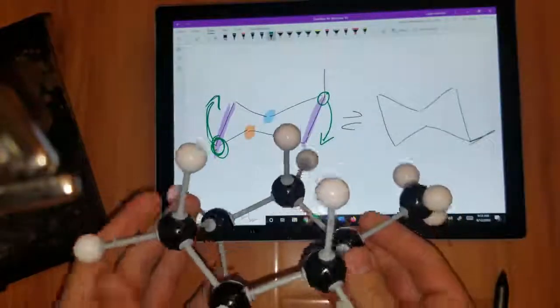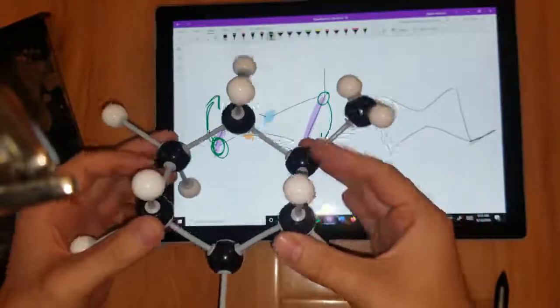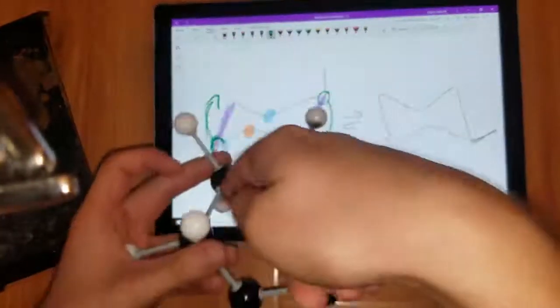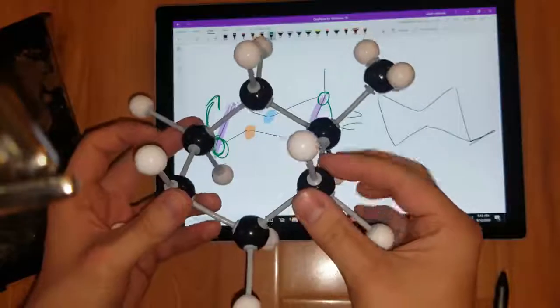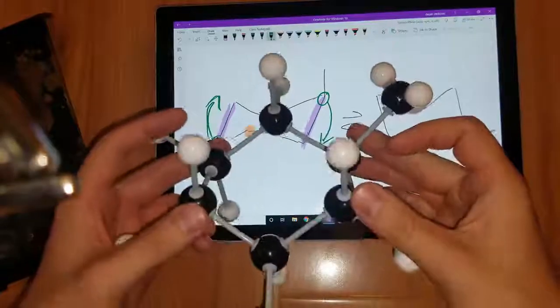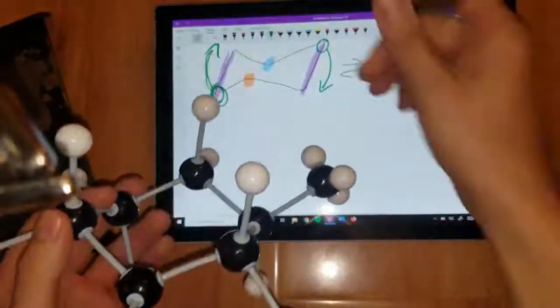All right, and so now if we think about it in the original way, this is kind of what it looks like. Remember that this bond is this purple one over here, and this purple one over here is this purple over here, right? So we matched up our methyls. And if you think about the Newman projection, it makes sense, but if you were to draw this, it'd be hard to draw on a two-dimensional piece of paper, right?